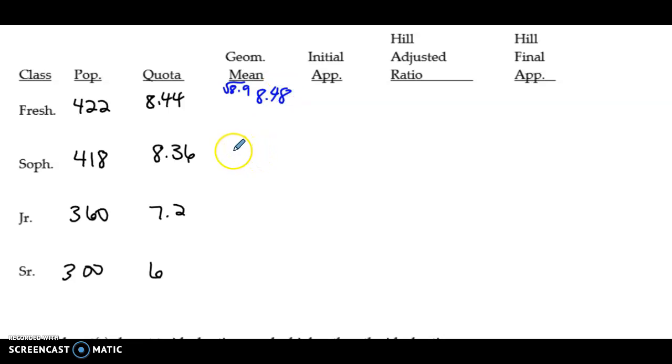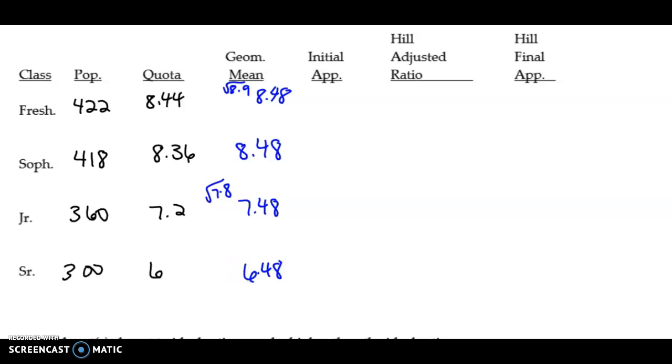Okay, 8.36 is also between 8 and 9, so that's going to have the same geometric mean that we're comparing. Junior class is between 7 and 8, so square root of 7 times 8, 7.48. And then the senior class is going to be square root of 6 times 7, 6.48.